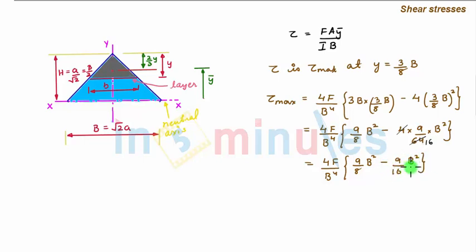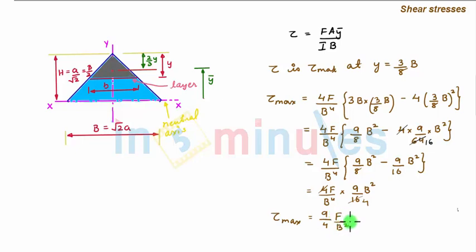So 9 by 8 b square minus 9 by 16 of b square, this is half of this. So we have 4f by b to the power 4 into half the value, which is 9 by 16 of b square. So this 4 and this get cancelled. So we finally get the value of maximum shear stress tau max as 9 by 4 of f by b square.